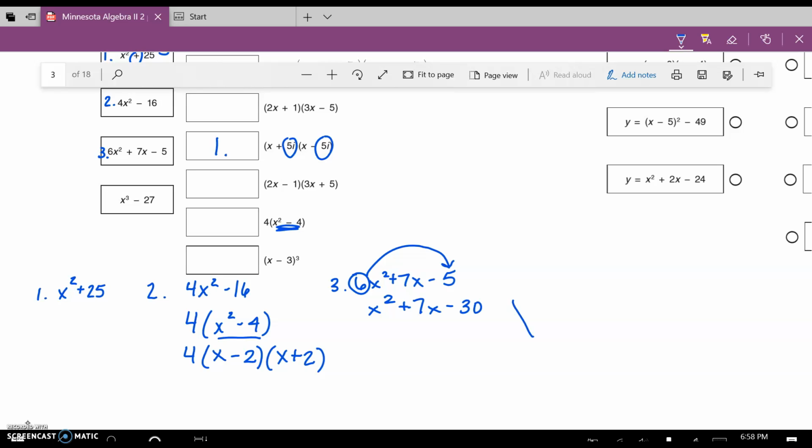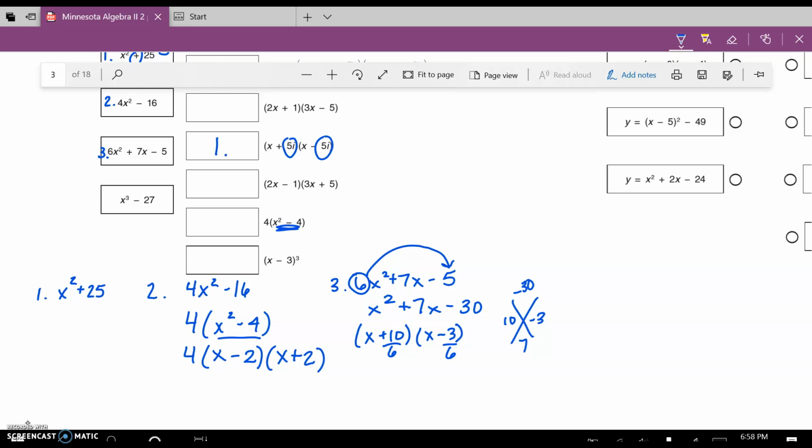Okay, now I draw my x, and I have to think of something that multiplies to negative 30 and adds to 7. So those numbers are 10 and negative 3. So then I'd say x plus 10 and x minus 3. Then, since I multiplied at the very beginning, I have to remember to divide by that now.